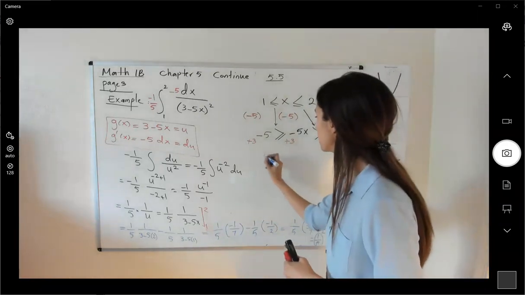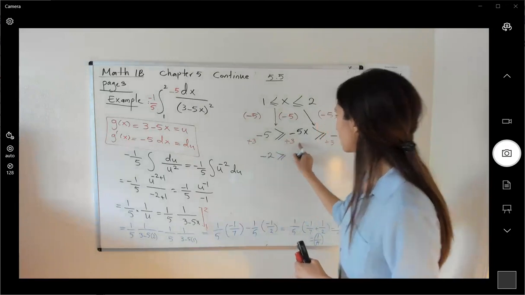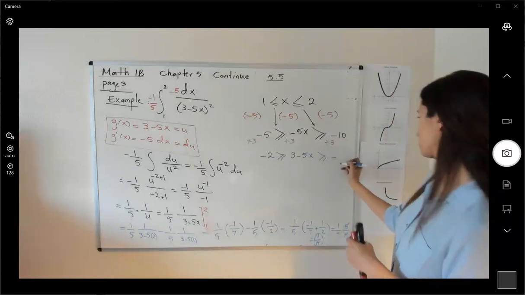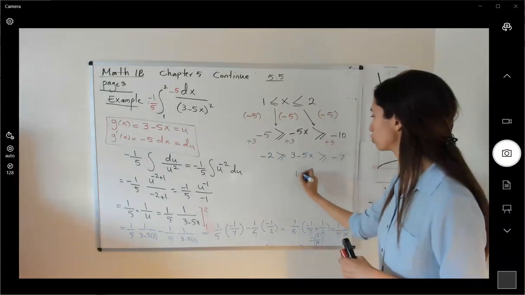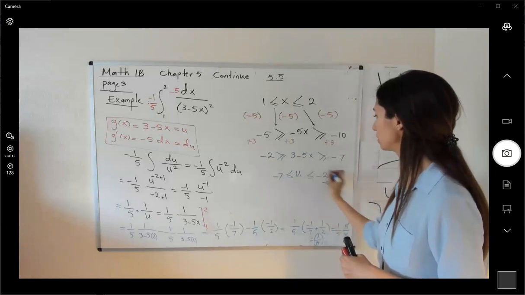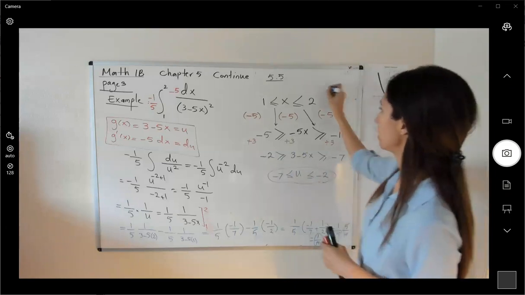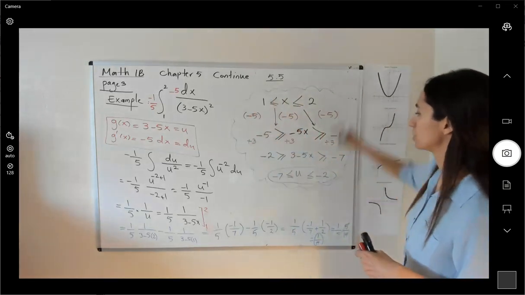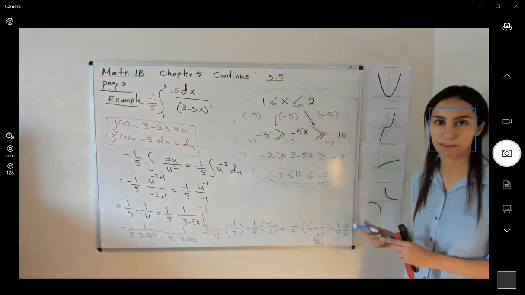You get minus 2, and this is 3 minus 5x, and negative 7. So your u is in between negative 7 and minus 2. If you want to change the lower limit and upper limit, and use u, this is the method that you have to use.